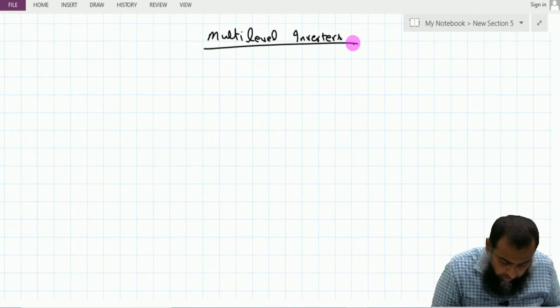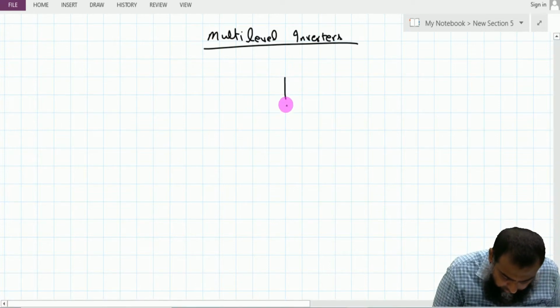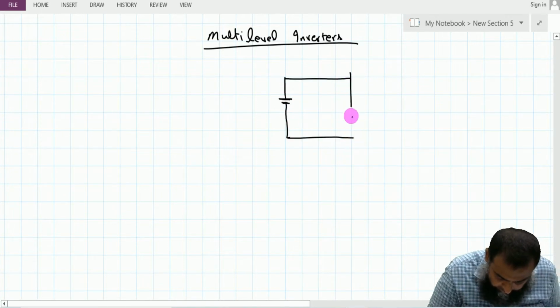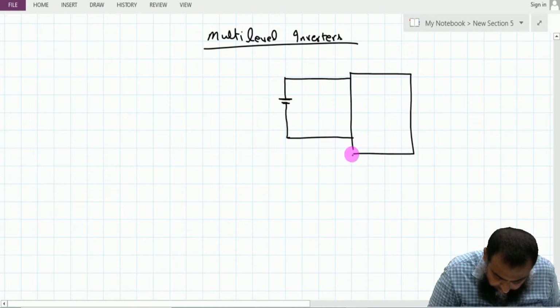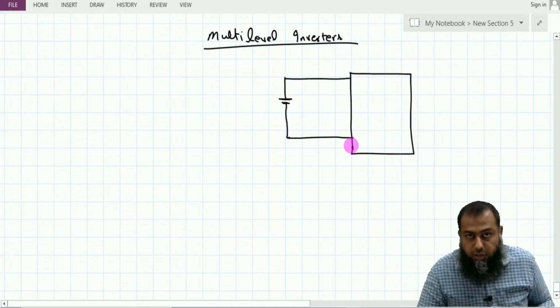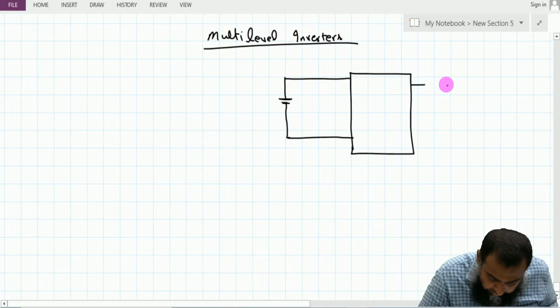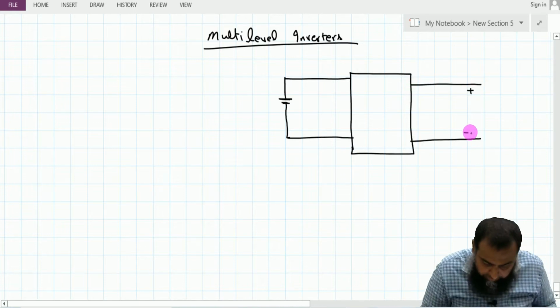So for instance, let us say we have this voltage source available, connected with an inverter here. Let us now discuss the inverter type. We have this positive here and this negative here.